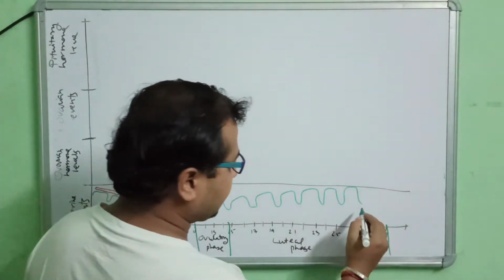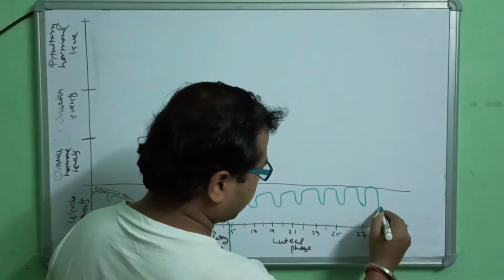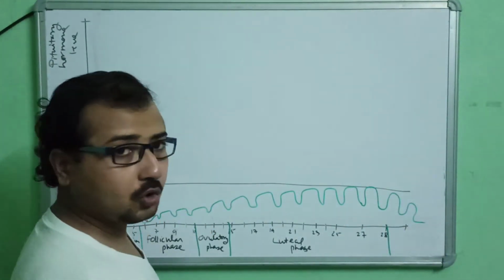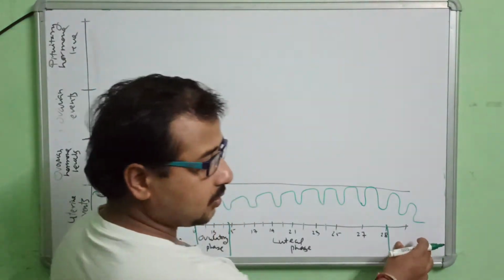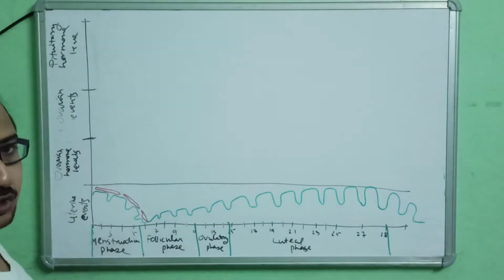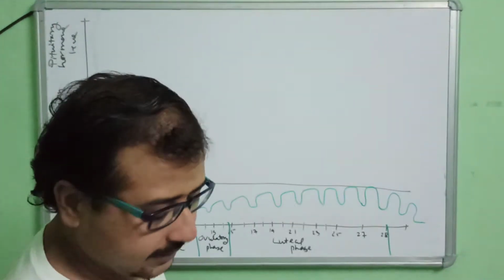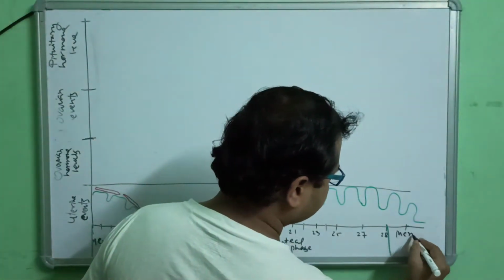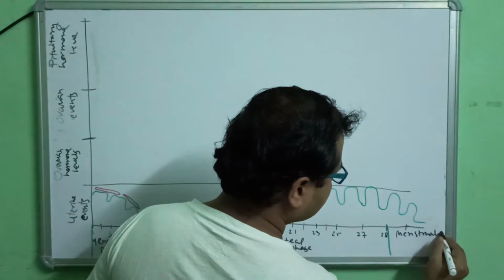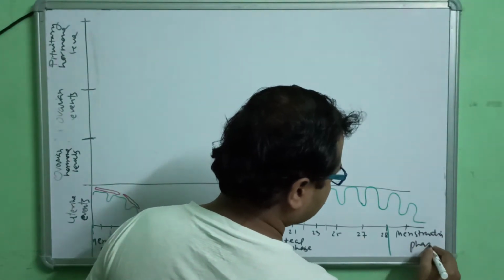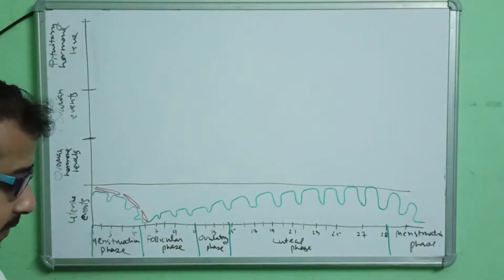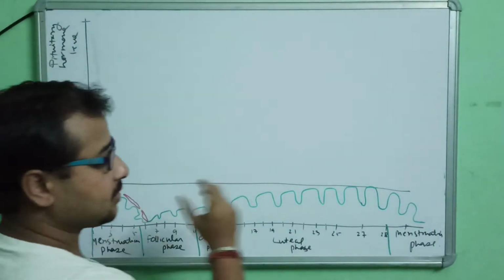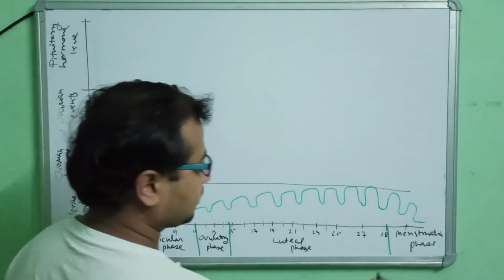So after 28, it continues. The menstruation phase will start here. So let me write here, the menstruation phase will start again after completing luteal. So this phase I am showing here again.